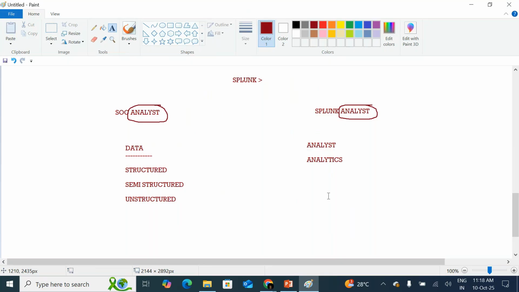An analyst is a person who helps to understand the data. Analytics is nothing but the process of implementing the activities. What method, what operation, what logic the analyst is exactly using to understand the data. Got my point? That is called analytics.